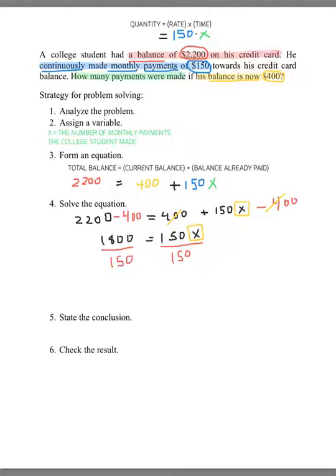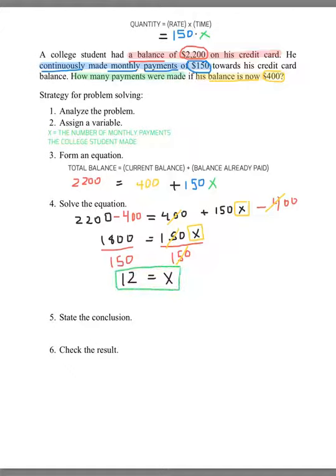So then on the right hand side we have 150 divided by 150. So this simplifies out to give us 1, or 1x, which is equivalent to just x. And then once we divide 1,800 by 150, we end up with 12 as our solution. So we now know that x is equal to 12.